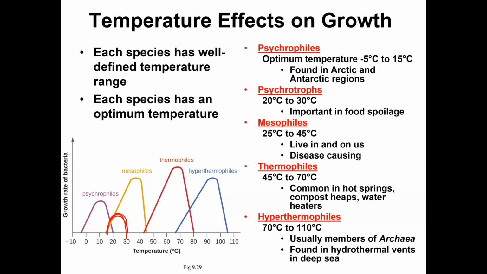All right, thermophiles. Now we're getting hotter. 45 to 70 Celsius. Hot day to very hot shower. So here, these are the organisms you'd find in some hot springs. You find them in hot water heaters because, right, they maintain a constant hot temp.